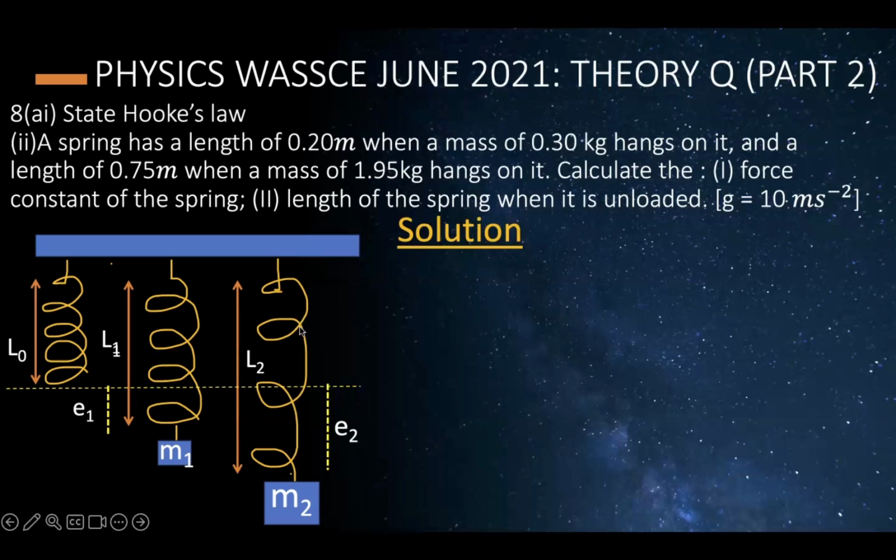If you notice from this diagram, this particular one is stretched further, so that you have a longer extension created. This extension is gotten by the new length L2 minus the original length L0. That's what gives you this extension.